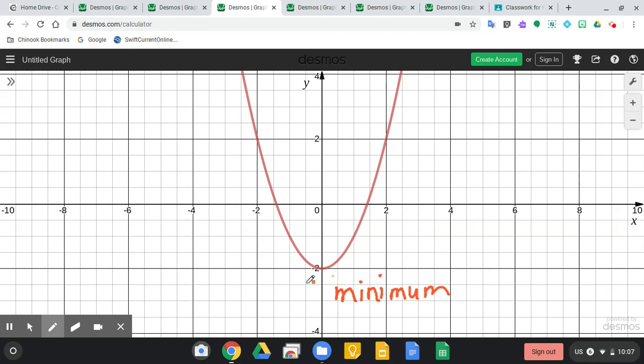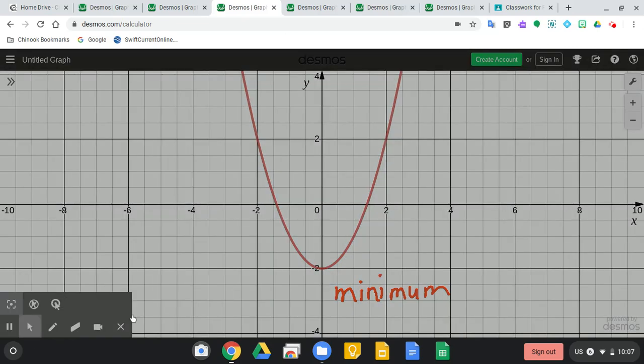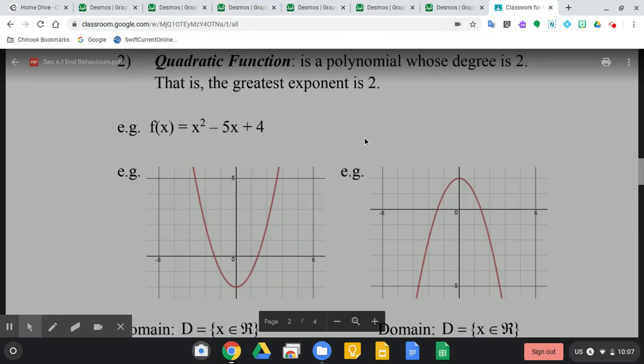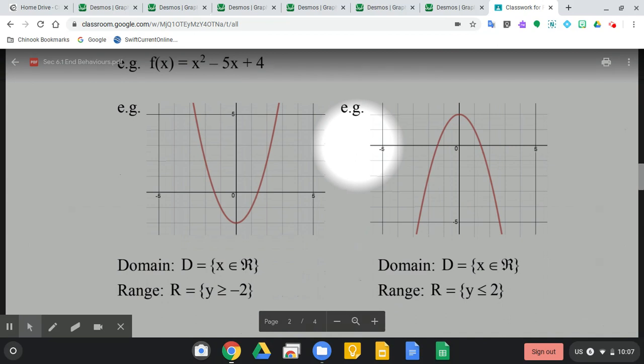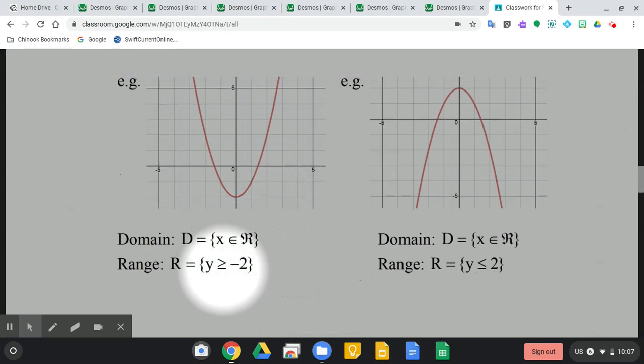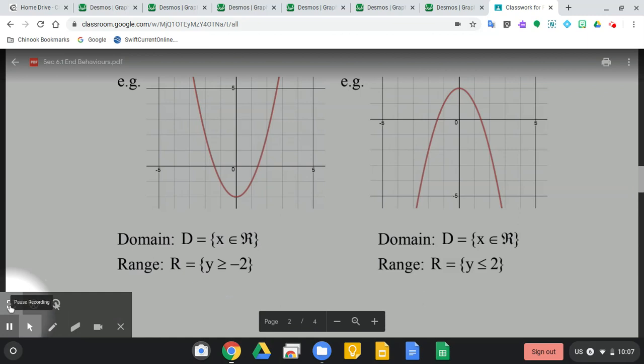Now again, if I highlight the coordinates for this particular vertex, the vertex was at 0, -2. All of our y values are above the -2. So when I state the range, my range is going to be all y values greater than or equal to -2. All the y values are above that.